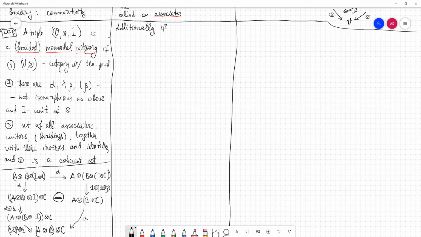Additionally, if beta minus first equals beta, we say that V tensor identity is a symmetric monoidal category.